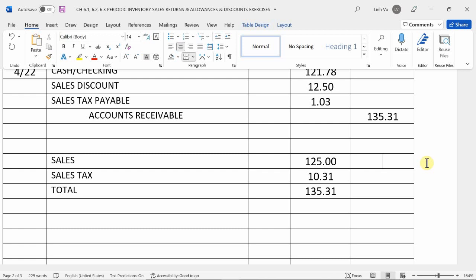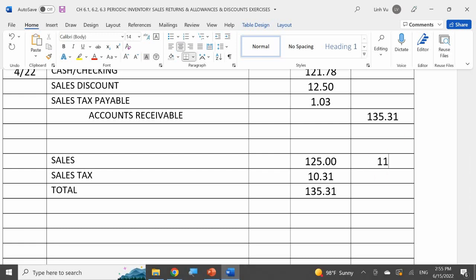So 125 minus $12.50 is going to give me $112.50, right? How much tax is going to be charged on that? Well, if I multiply by the 8.25%, I'm going to get $9.28.